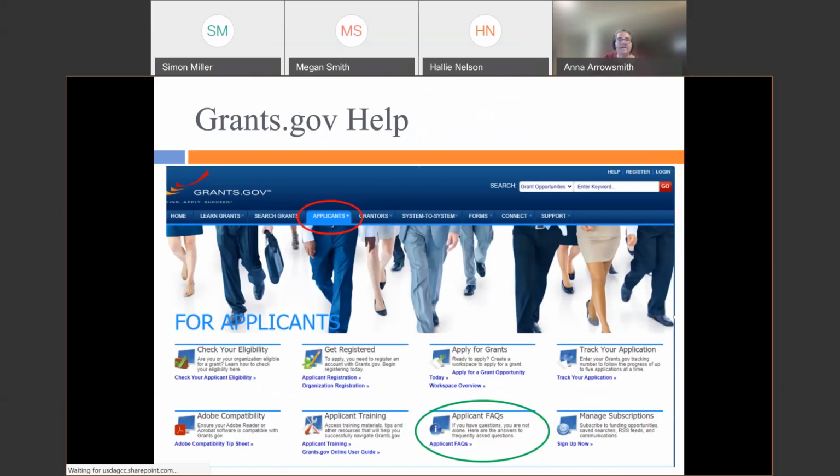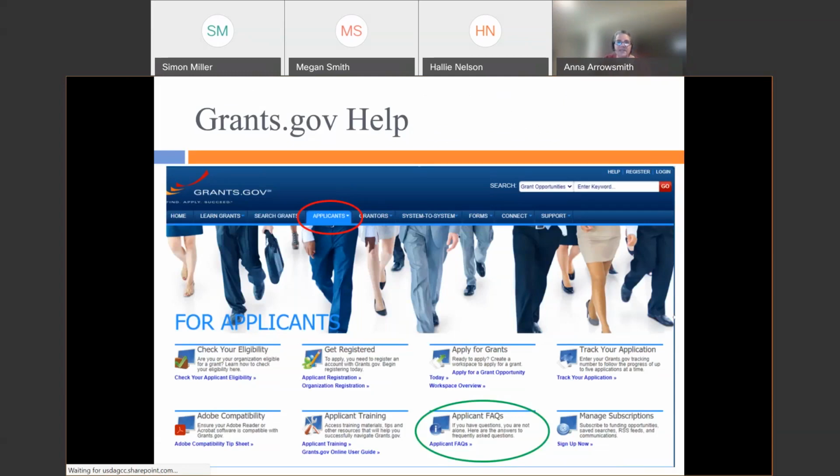And grants.gov has an incredibly helpful resource page for applicants. From the grants.gov homepage, if you click the applicants tab, which is circled in red here on the slide, it will take you to this page that you see on the screen. The applicant FAQs, the frequently asked questions that I mentioned earlier, are circled in green, and that's a good place to start if you've never used grants.gov before.